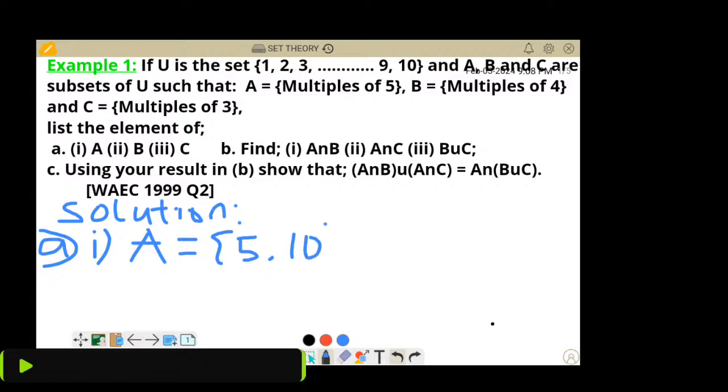I want to believe we all know what multiples of 5 simply represent. That is all the numbers that 5 will be able to divide. Those are the multiples of 5.